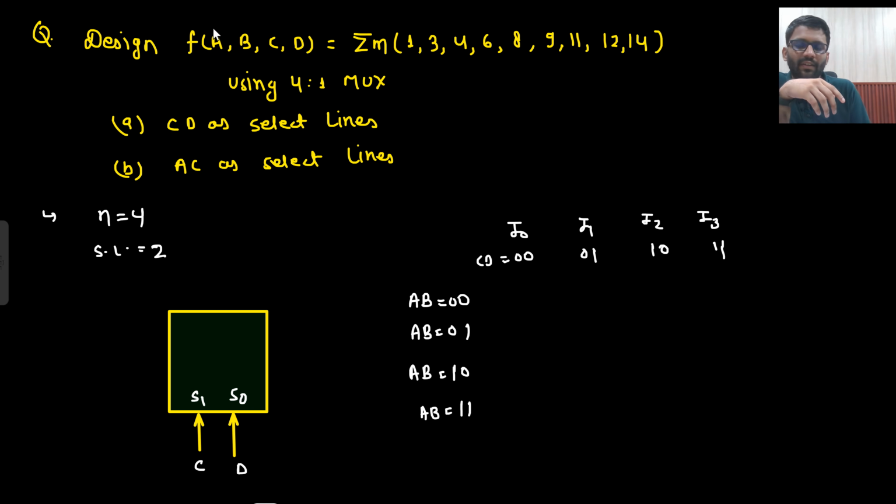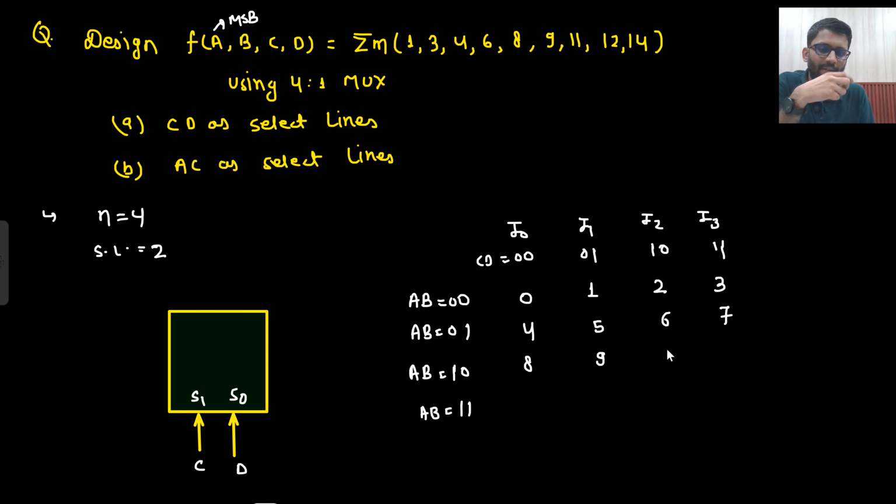So ABCD is our function where A is MSB here. 0000 is 0, 0001 is 1, 0010 is 2, 0011 is 3, 0100 is 4, 5, 6, 7, 1000 is 8, 9, 10, 11, 12, 13, 14 and 15.